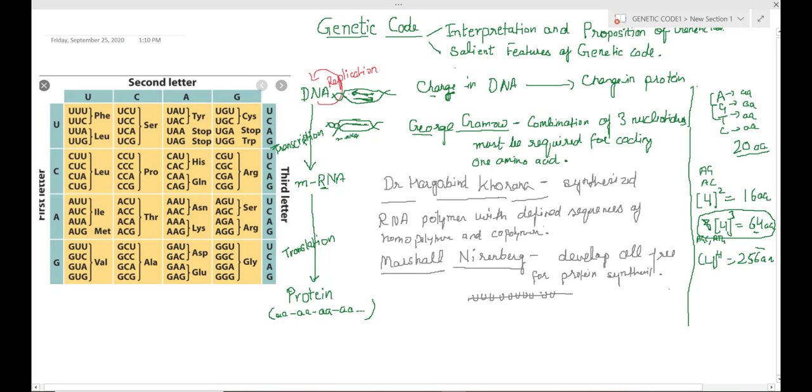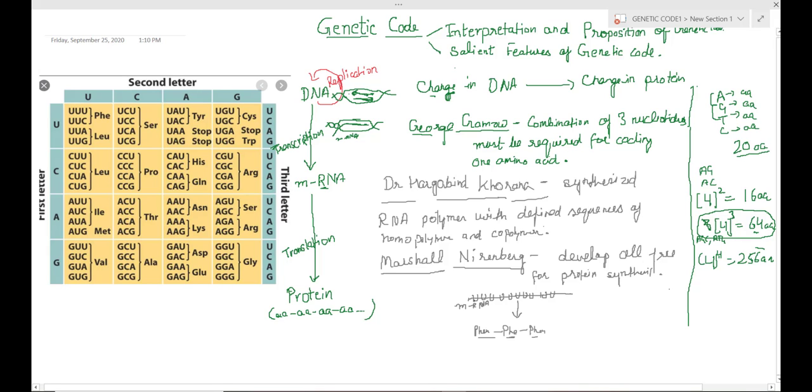Poly-U sequence mRNA was used by Nirenberg for protein synthesis, and he observed that a protein is formed which is made up of only one amino acid, phenylalanine. So he discovered that by using poly-U mRNA, only one kind of protein is formed, with only phenylalanine.